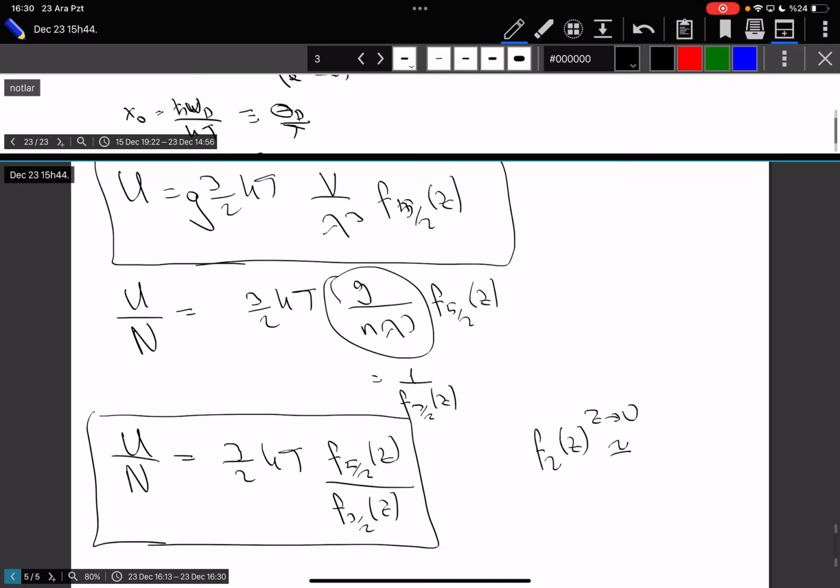So that ratio is 1. We basically recover the classical result U equal to 3 over 2 NkT when Z is small.